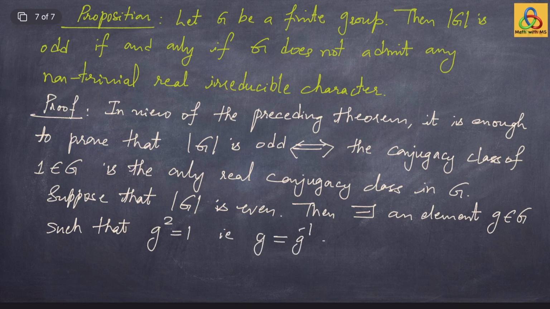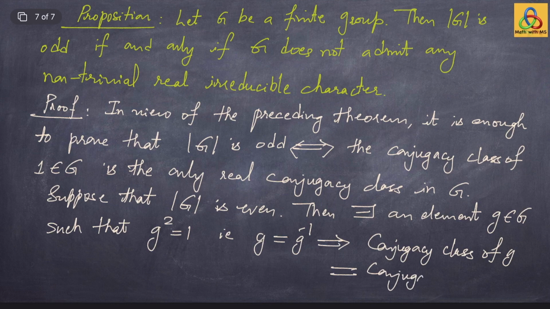But that would imply that the conjugacy class of g is the same as the conjugacy class of g inverse. But g is a non-trivial element. This contradicts the hypothesis. Therefore, if the conjugacy class of the identity is the only real conjugacy class in the group G, then the order of the group G must be odd.